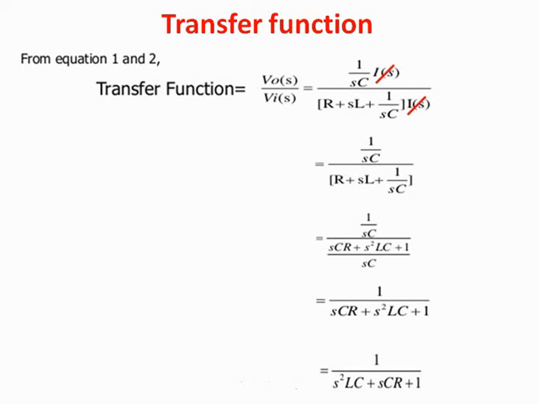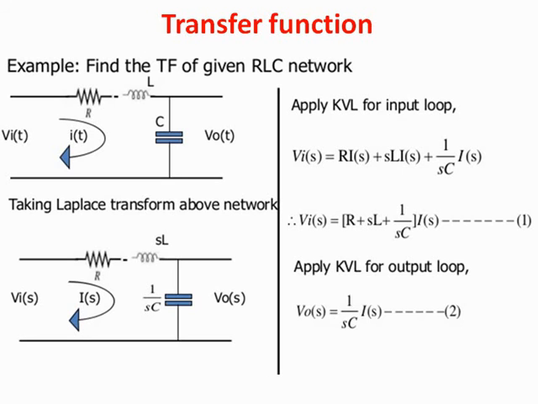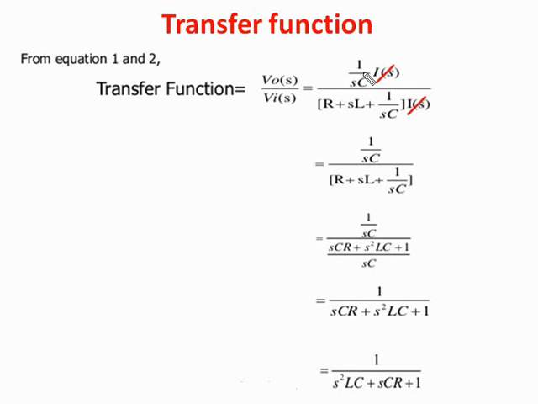So Vo(s) divided by Vi(s) is 1/(sC) I(s) divided by (R plus sL plus 1/(sC)) I(s). I(s) cancels out, so it becomes 1 over sC times (R plus sL plus 1/(sC)). Multiplying sC to R and sL, it becomes (sCR plus s squared LC plus 1) divided by sC.